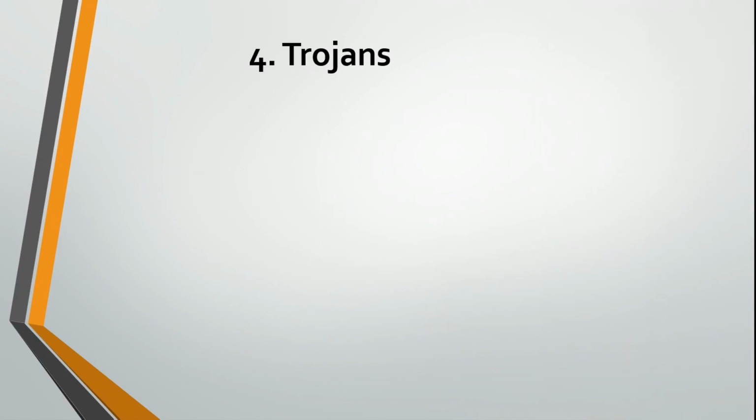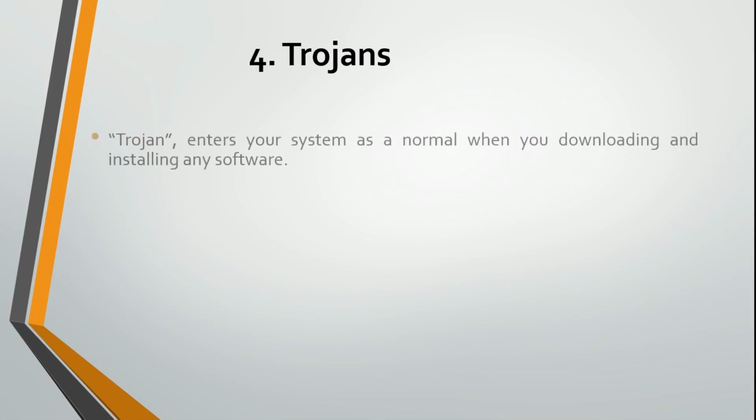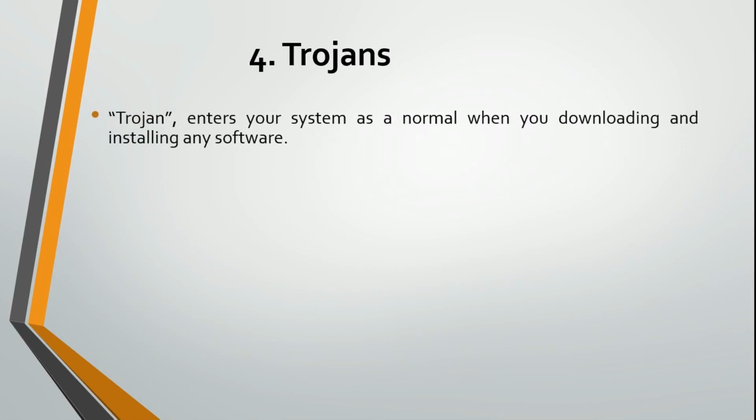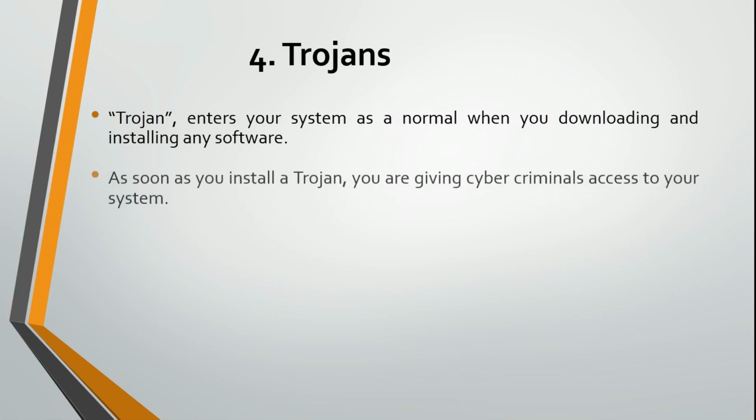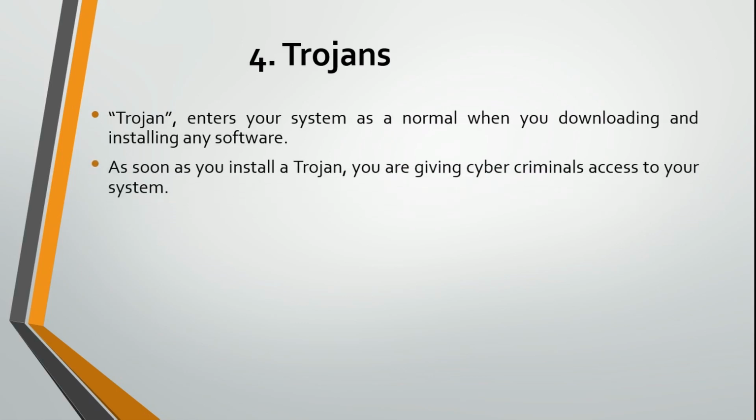Our next is Trojans. Trojans enter your system disguised as a normal, harmless file or program designed to trick you into downloading and installing malware. As soon as you install a Trojan, you are giving cyber criminals access to your system.